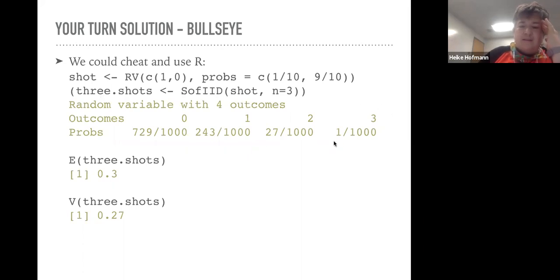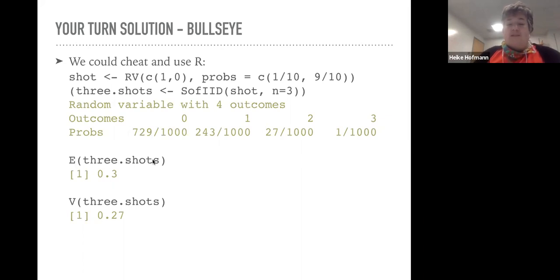We hit the yellow bullseye 3 out of 3 attempts with probability 1/10 times 1/10 times 1/10, so 1 in 1,000. Most likely we don't hit the yellow bullseye at all. That's 72.9%. And then the rest is somewhere in the middle. So we can take the expected value of this random variable.